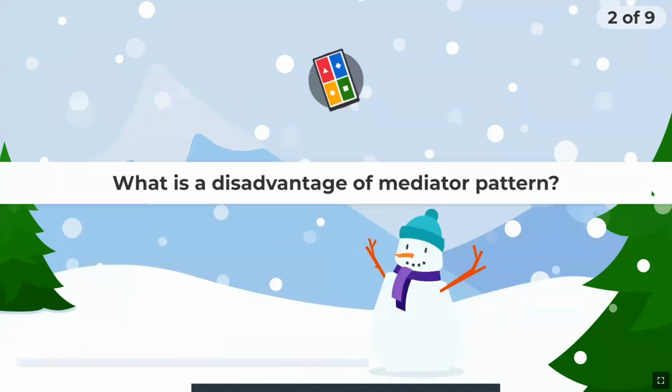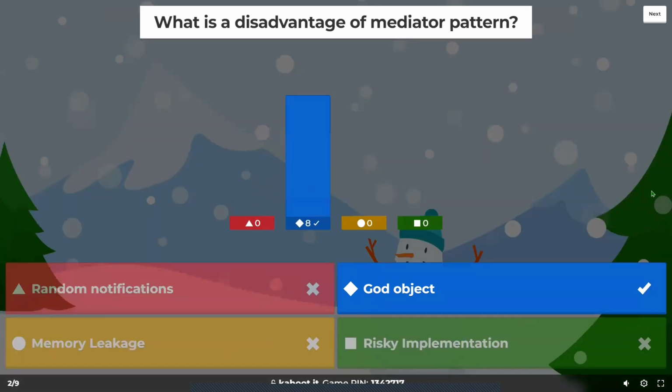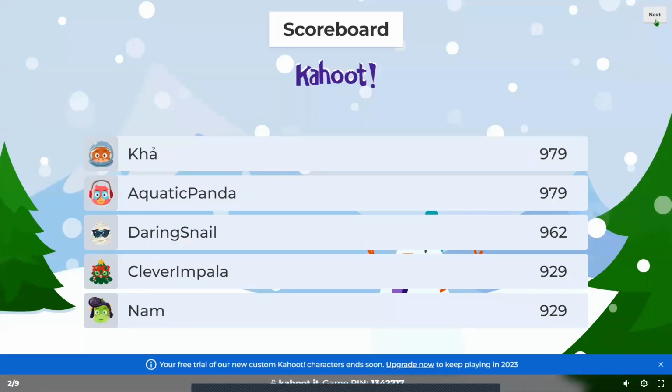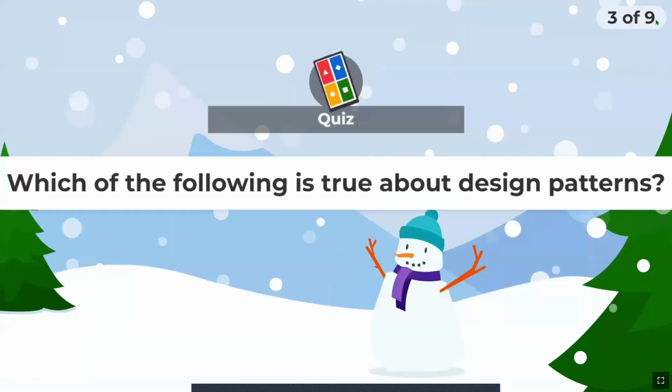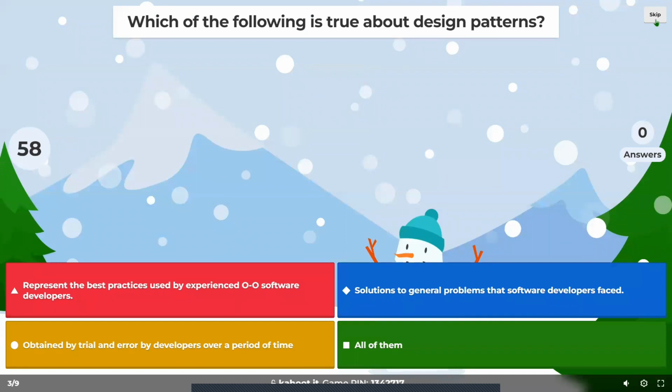The second question, what's the disadvantage of mediator pattern? The correct answer is God object. Which of the following is true about design patterns?